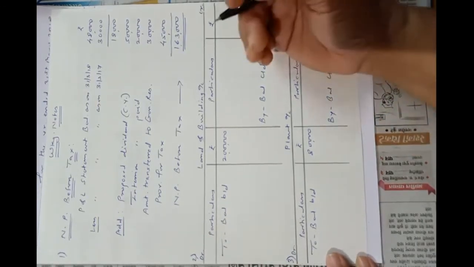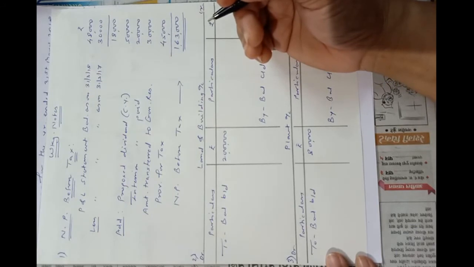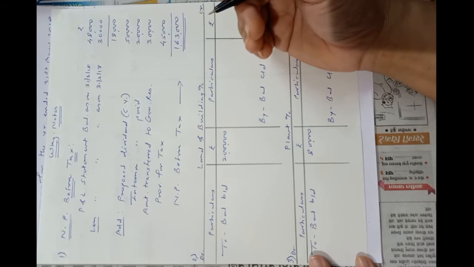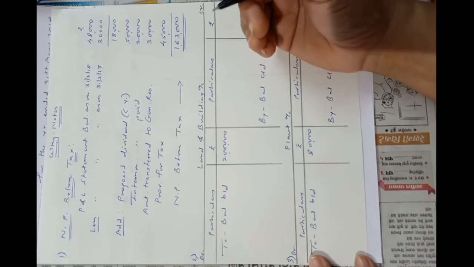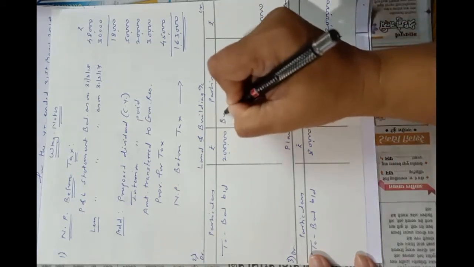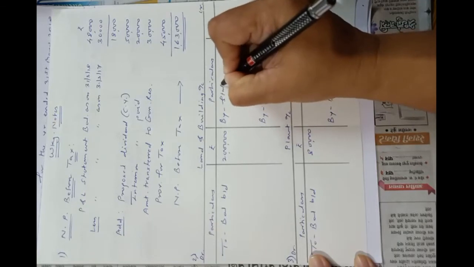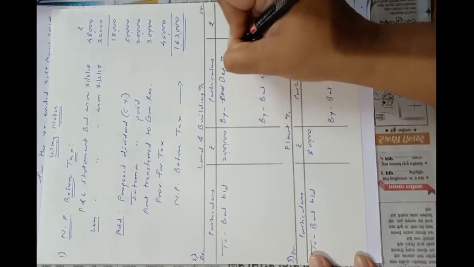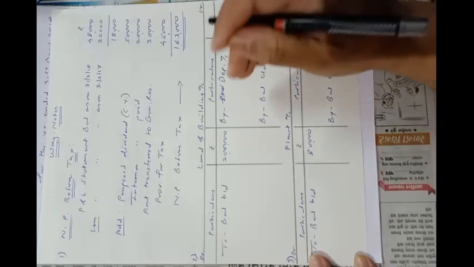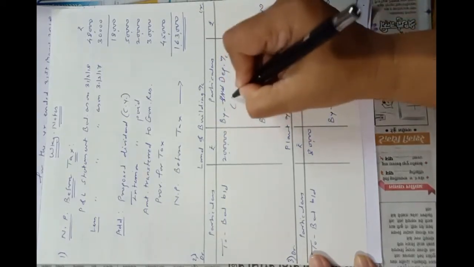Okay. Now let's read the first adjustment. Depreciation of rupees 10,000 and 20,000 has been charged on plant and land and building respectively. So on plant depreciation is 10,000, on land and building depreciation is 20,000. Okay. So by, we can write depreciation also, or you can write by statement of profit and loss, in brackets current year's depreciation.